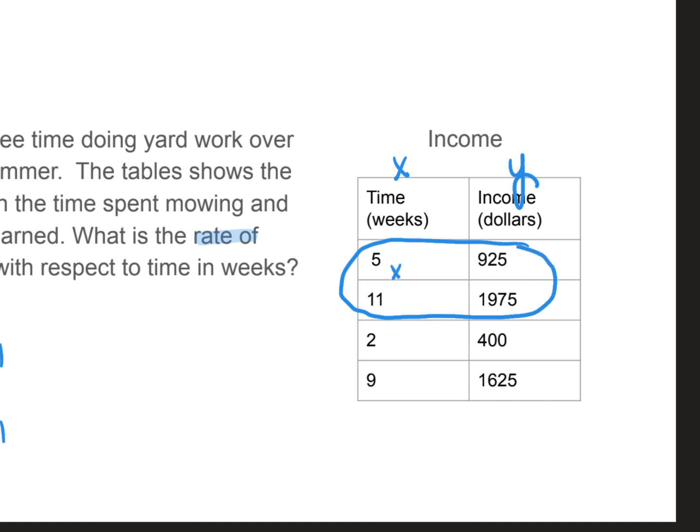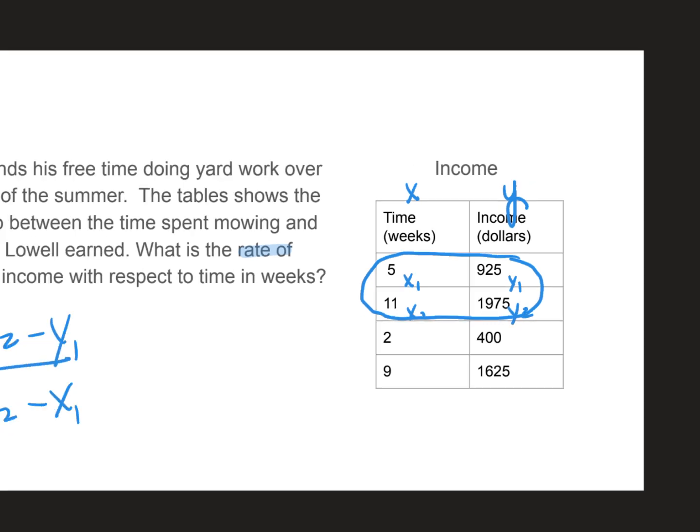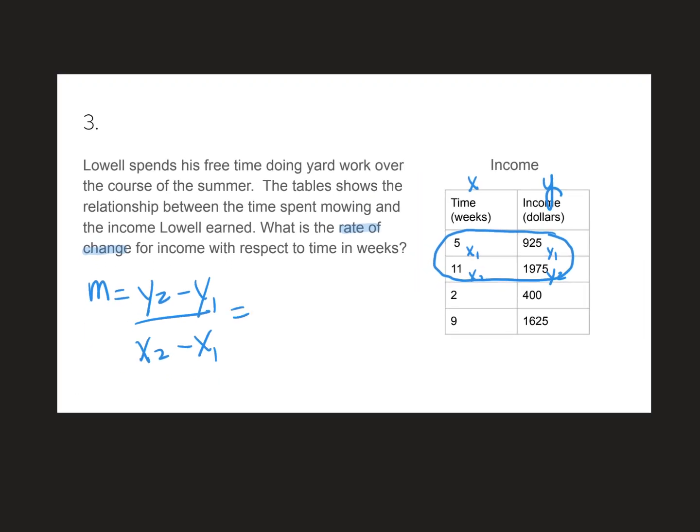So this is x1, y1, x2, y2. And simple things like labeling these points makes inserting them into your equation a little bit easier. So y2 is 1,975. x2, there we go. x2 is 11.